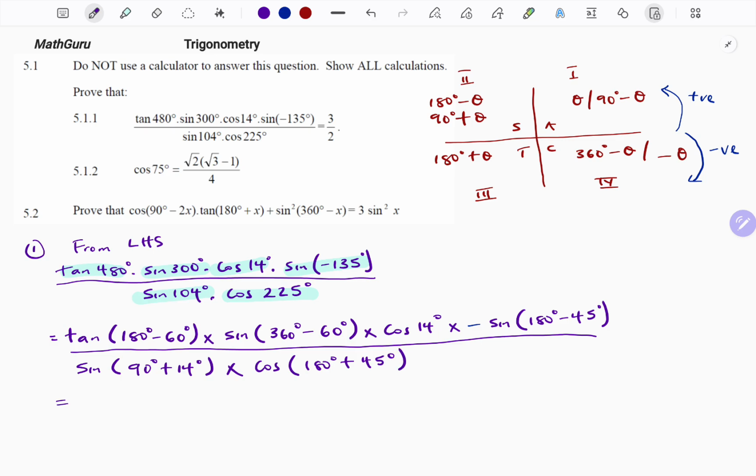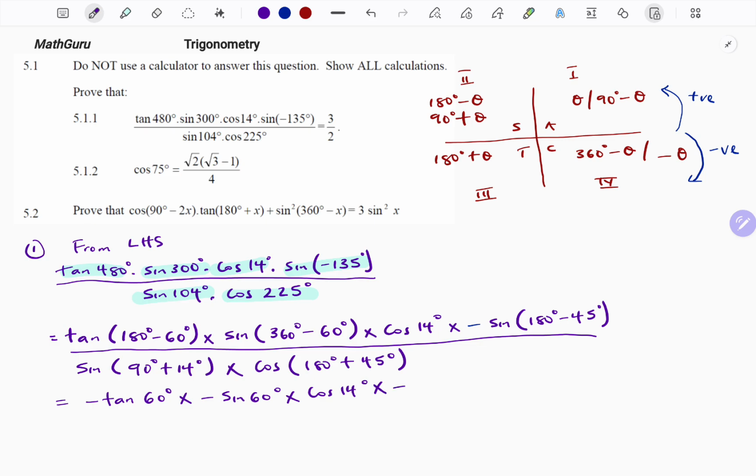So reducing further, in the second quadrant, tan is negative, so that will give us minus tan 60 degrees times sine of 360 minus 60, that falls in the fourth quadrant. Sine is also negative, so that's minus sine of 60 degrees. I leave my cos 14 degrees. Then I have times minus.